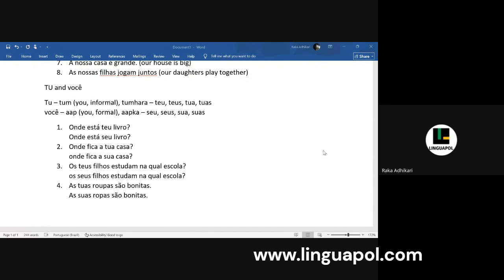Rashmi and Bushra are the only people who are raising their hands most of the time. Okay, Nakul. What is the meaning? Your clothes are beautiful. राइट योर क्लोथ्स आर ब्यूटीफुल. तो ये ऐसा भी हो सकता है कि तुम्हारे कपड़े सुंदर हैं या फिर आपके कपड़े सुंदर हैं. तुअश मीन्स तुम्हारे कपड़े और सुअश मीन्स आपके कपड़े. Let's move on.